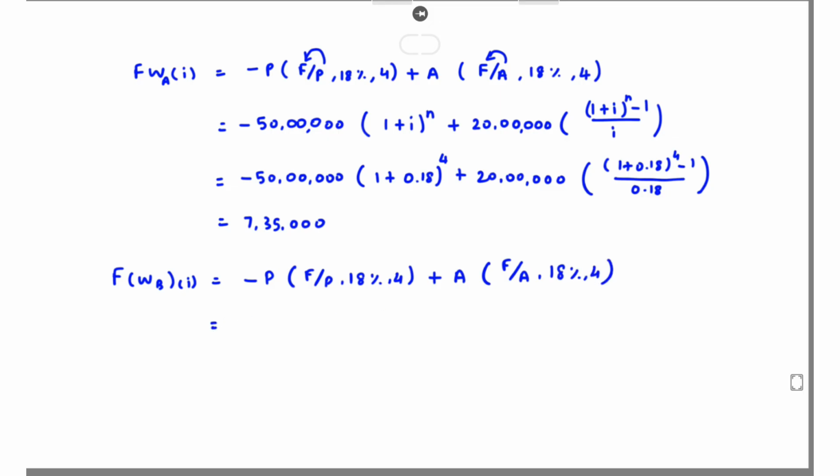Substituting, the P value is minus 45 lakhs for plan B, into 1 plus 0.18 whole power 4, plus the annual revenue of 18 lakh.